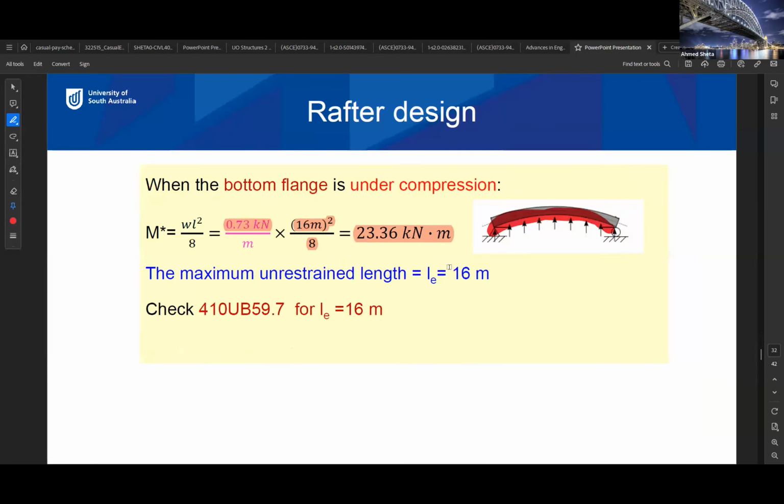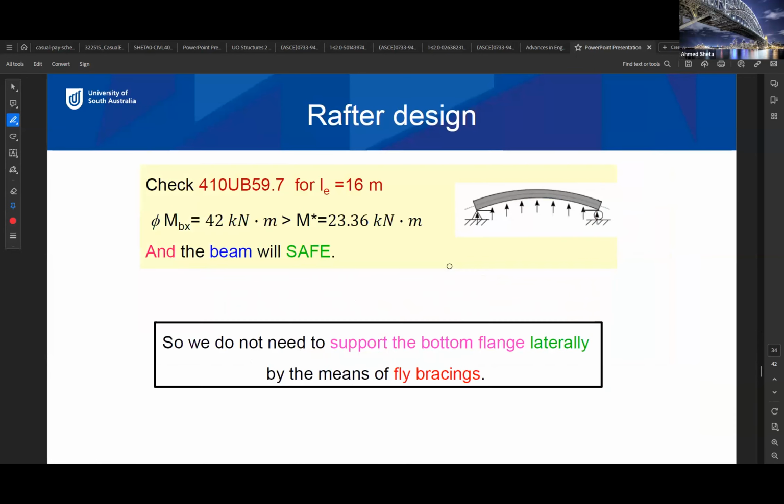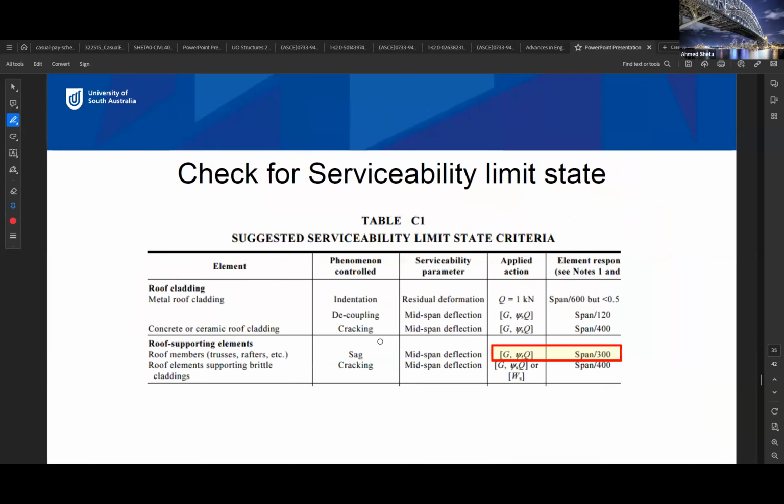What is the next step after getting the section? The next step is to check. We already checked the moment and the capacity, so we get that the beam is safe. But we have another very important point, which is the check of serviceability. This is also one of the important requirements. What is serviceability?